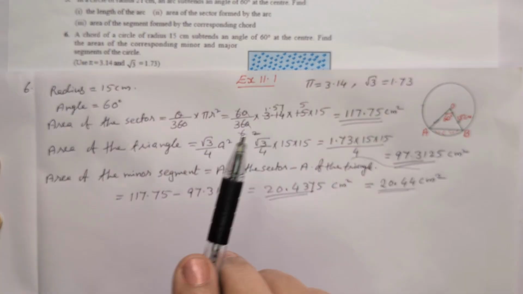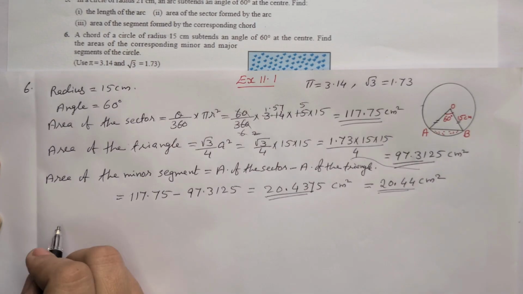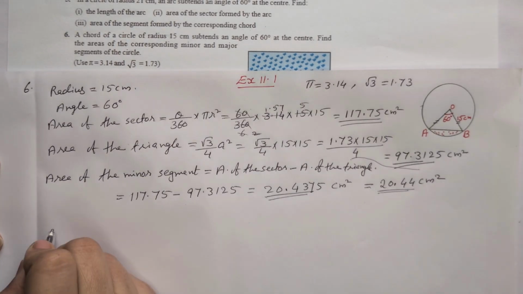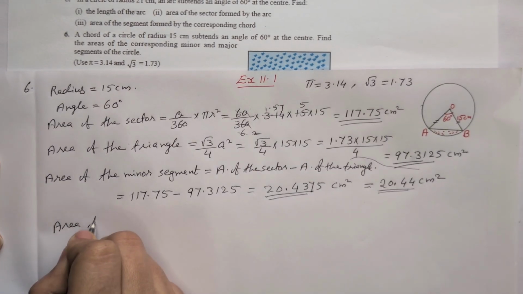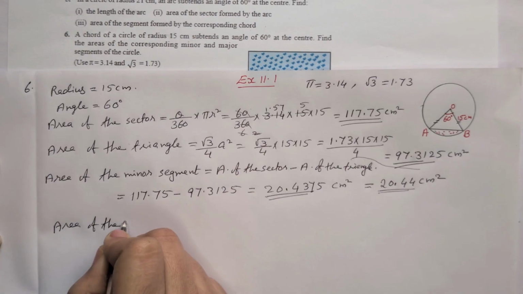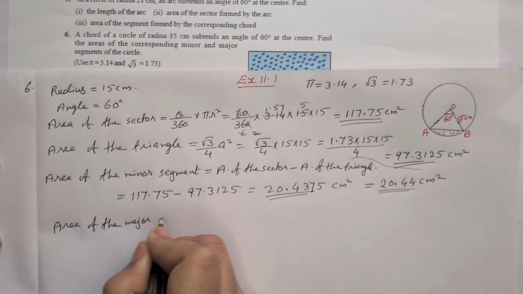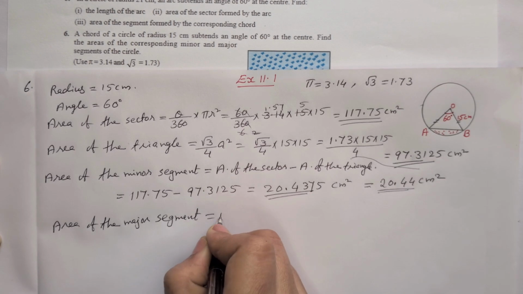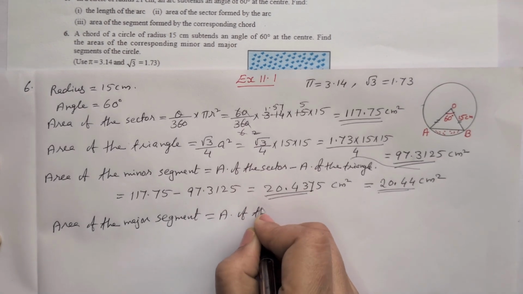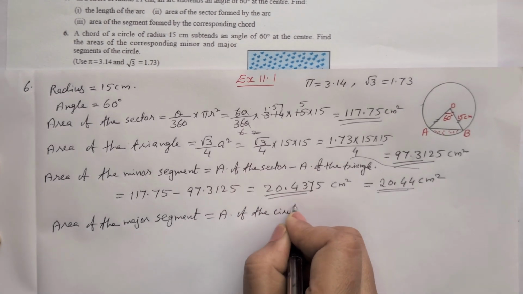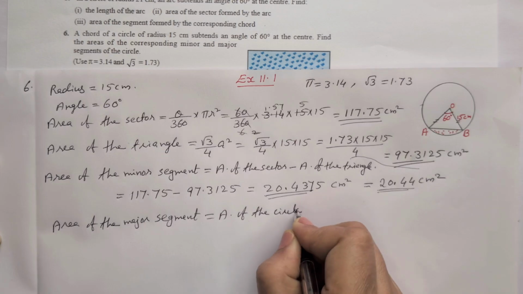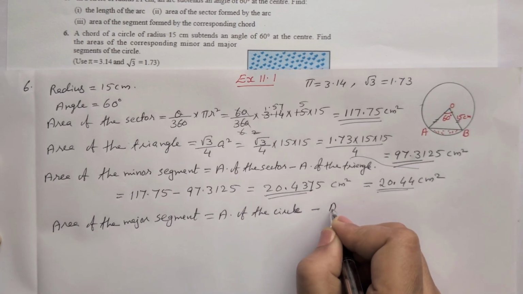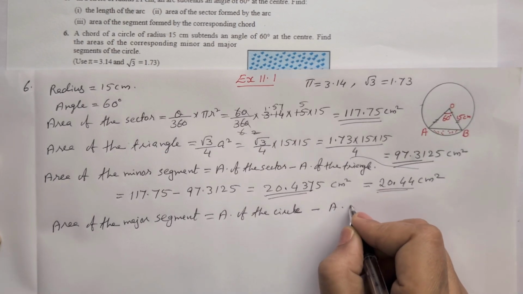Next we have to find the area of the major segment of the circle. Area of the major segment is equal to area of the circle minus area of the minor segment.